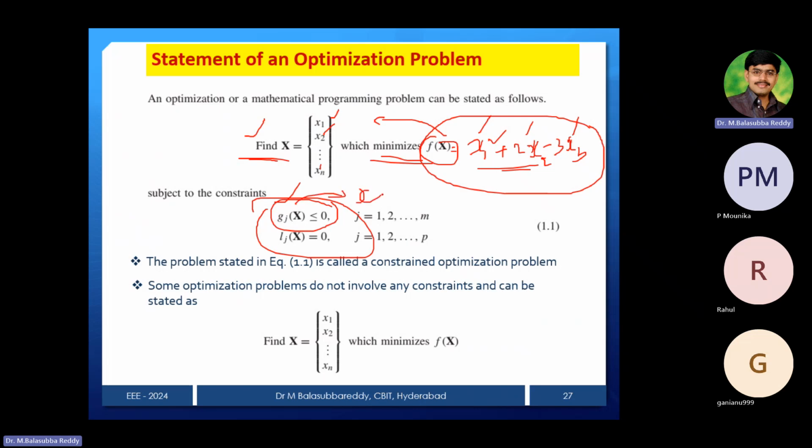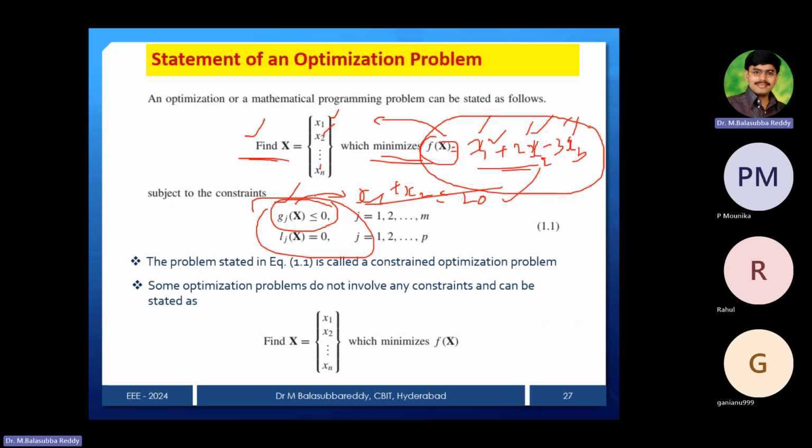Let it be x1 plus x2 less than or equal to 20. Let us assume that is g of x. Now we calculate x1, x2, x3, put them here and check whether this condition is satisfied or not.